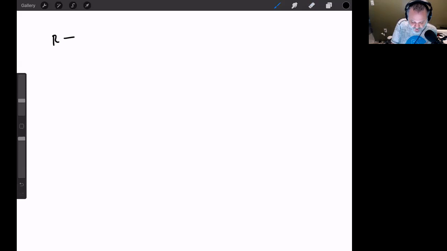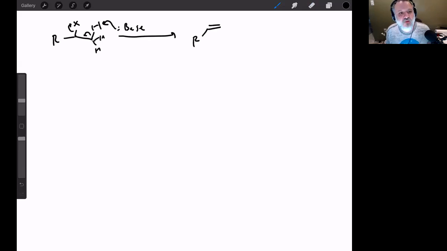If I want to form an alkene, then I need to react something like this with a base to do an elimination reaction to form an alkene. Now, essentially what we're going to do is the exact same type of reaction, but what's going to change is the base.